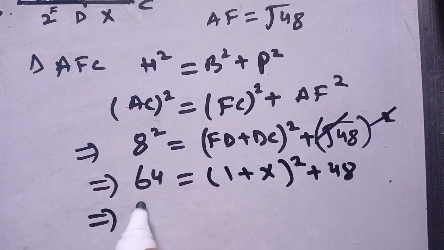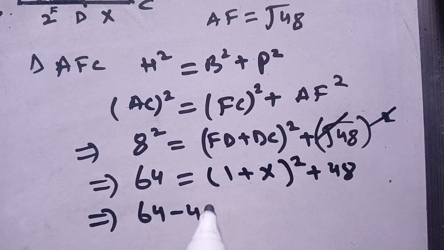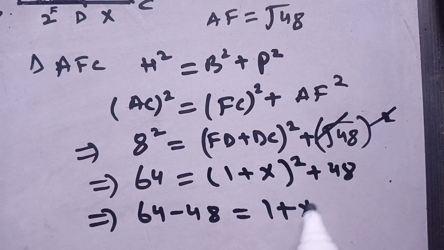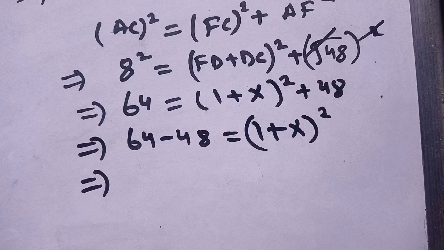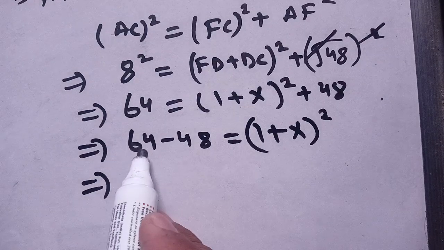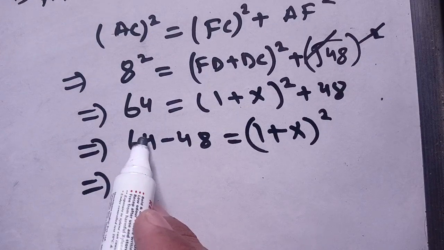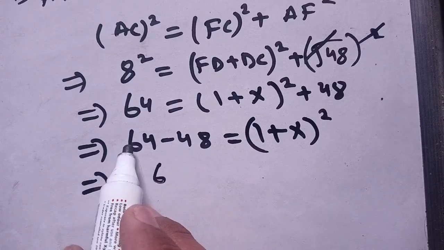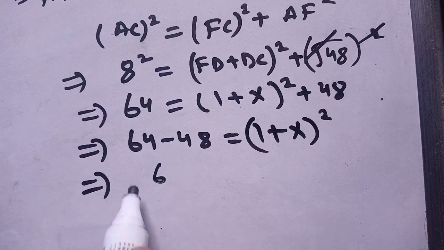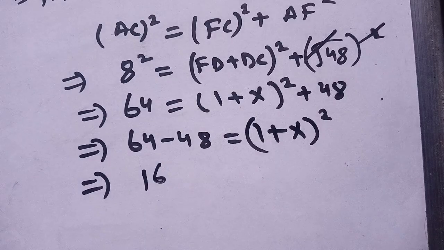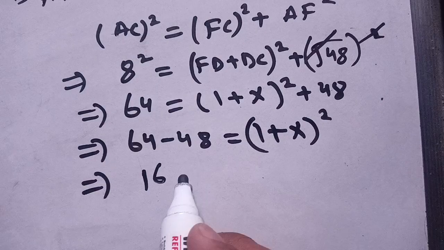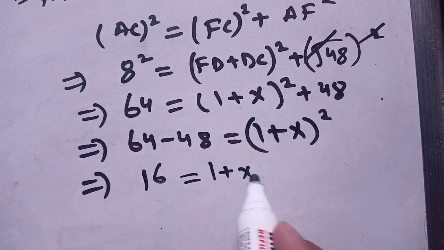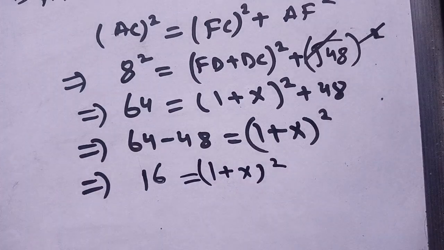Now we can write it as 64 minus 48 is equal to 1 plus x whole square. Subtracting 48 from 64, we get 16 is equal to 1 plus x whole square.